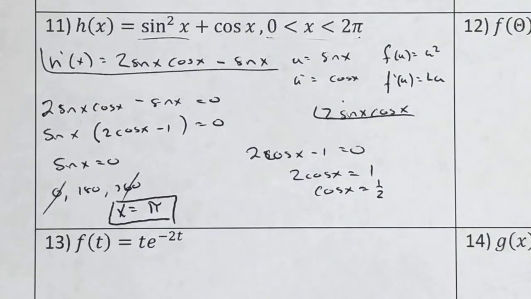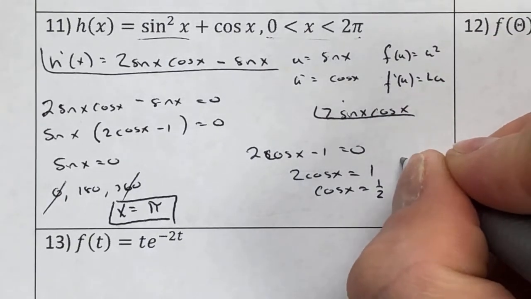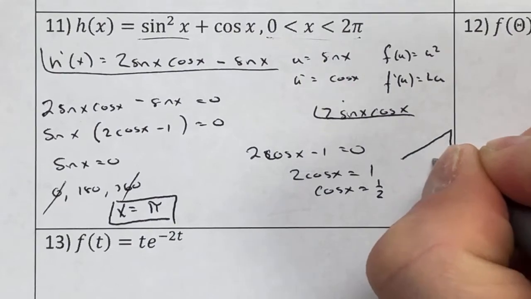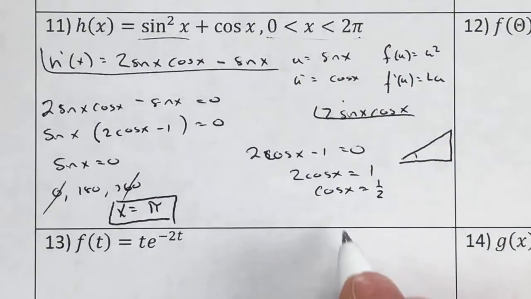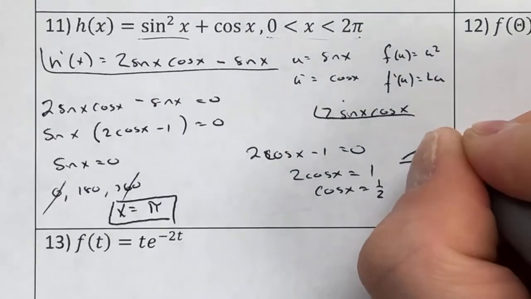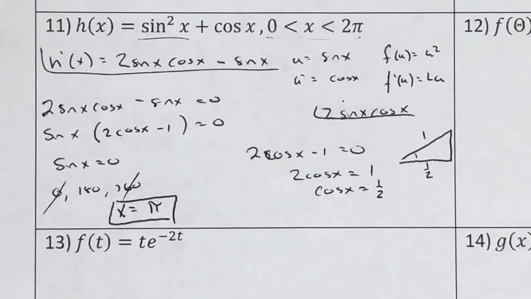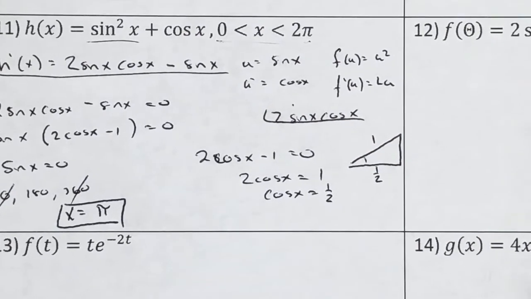Whenever the cosine of x is equal to 1/2, that is one of my special triangles. Whatever angle that is, the cosine, which is adjacent over hypotenuse, is 1 over 2. Actually, let's give a little more room and redraw that.